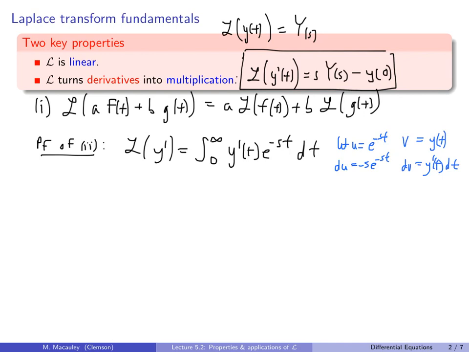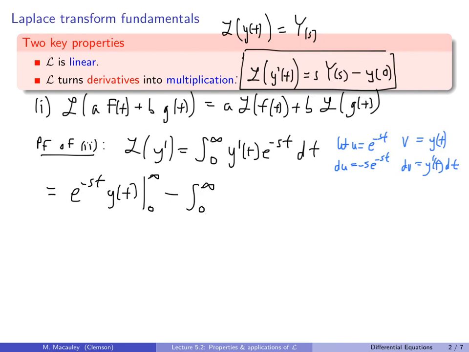So let's use the integration by parts formula. We get u times v, which is e to the minus st, that's our u, and v is y of t, and we evaluate that from 0 to infinity. Then minus the integral from 0 to infinity of v du.